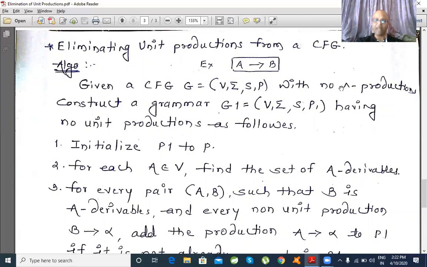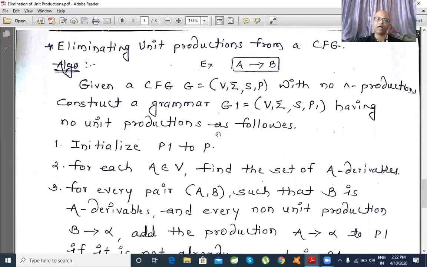If it does have null productions, you need to remove null productions first and then apply the procedure for removal of unit productions. From this we want to construct a G1, having its own V, sigma and S, P, having no unit productions as follows.